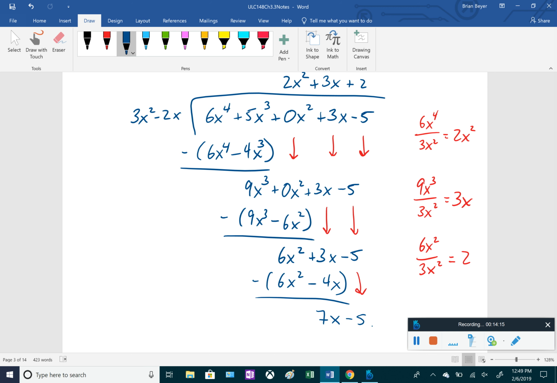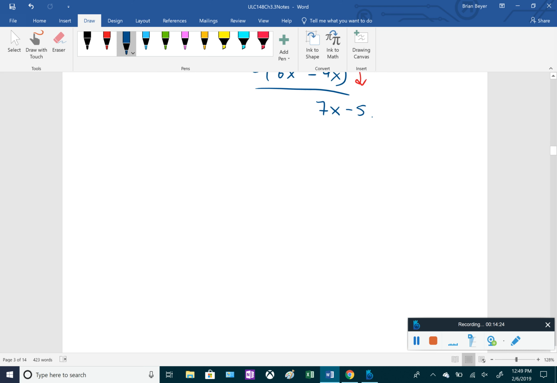So we know we're done here because the degree of that remainder is degree 1. The degree of the divisor was degree 2. So I'm going to write this using the division algorithm again.